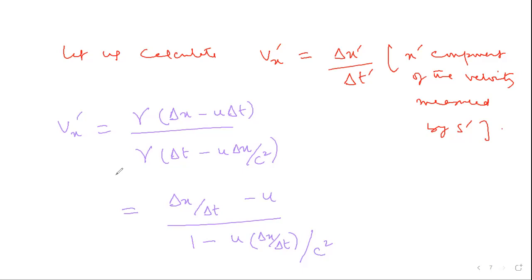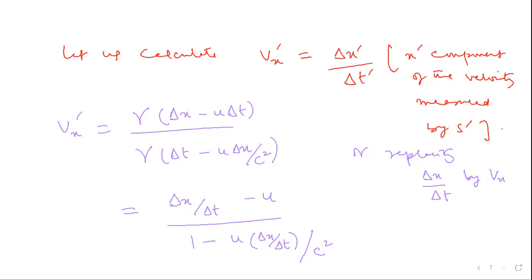Then we simplify it, or replacing delta x by delta t by Vx. What is Vx? It is the x component of the velocity of the particle as measured by observer S.